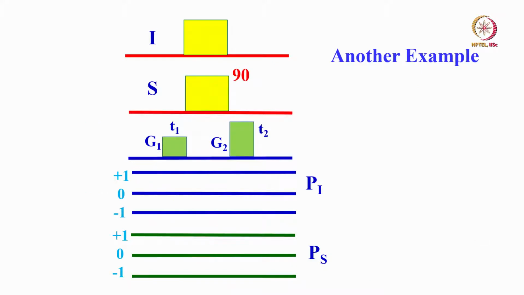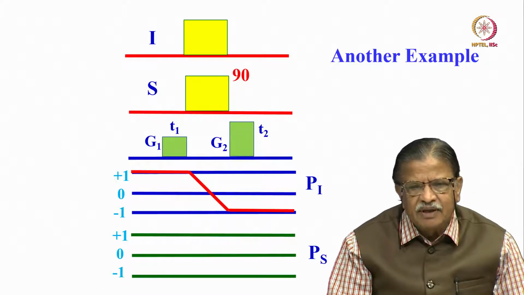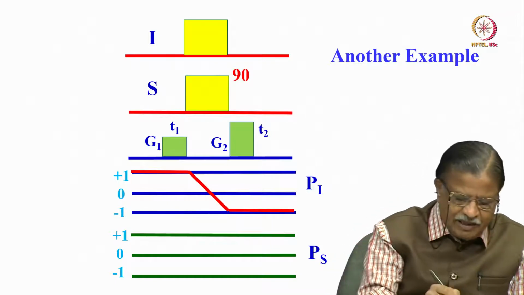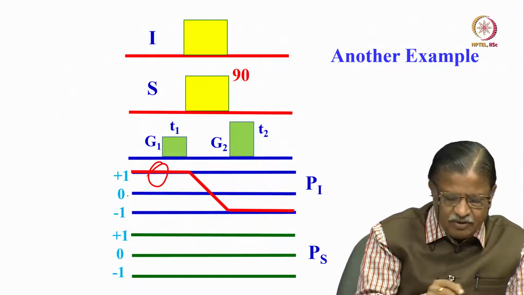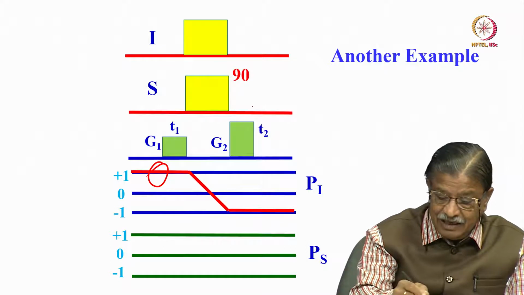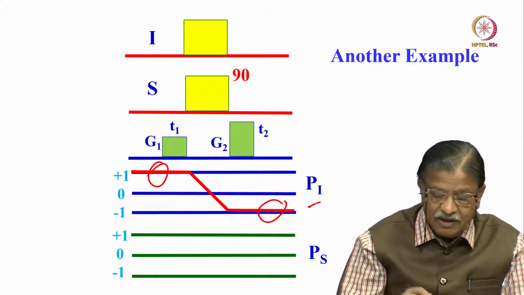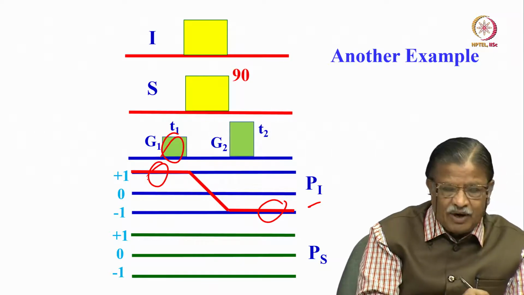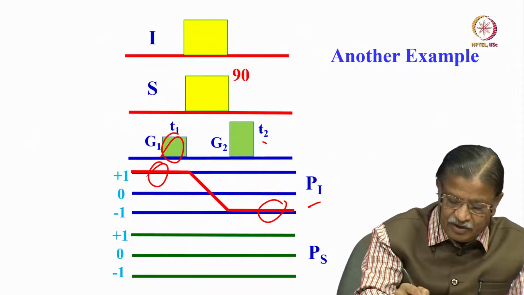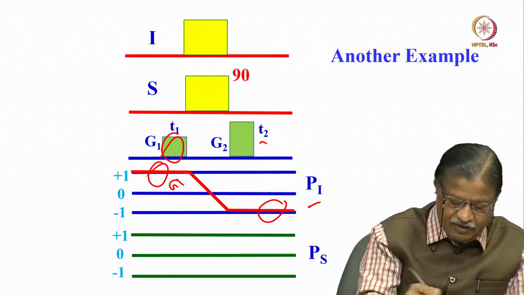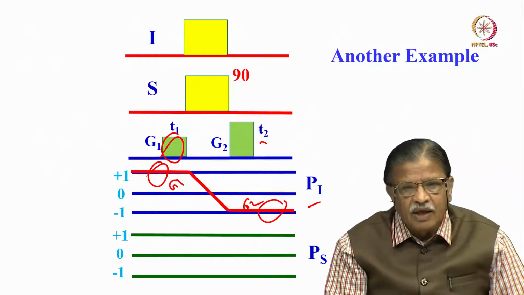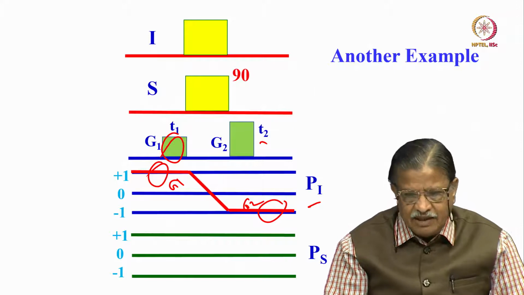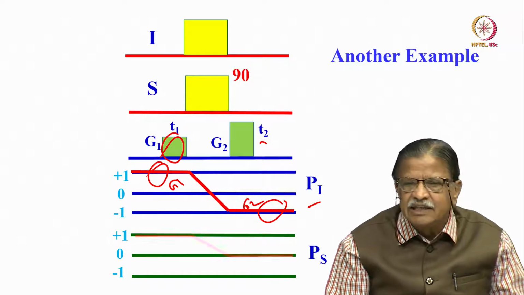Let us take another simple example now. For Pi, it is plus 1 during T1 and it is minus 1 during T2, that is, plus 1 during gradient 1, minus 1 during gradient 2. This is for gradient 1, this is during gradient 2. What about Ps? What is the pathway for S?